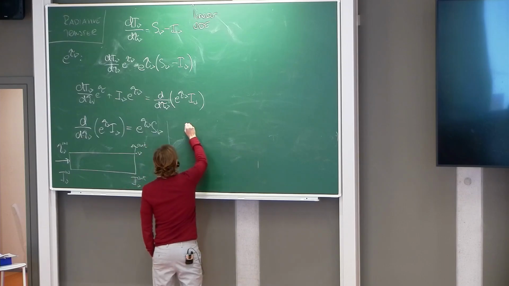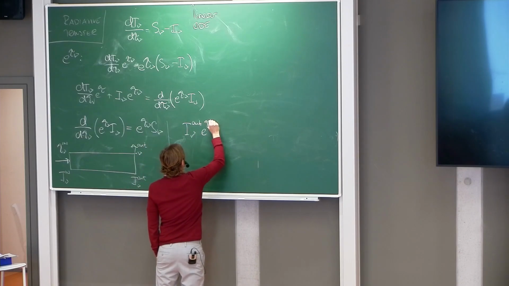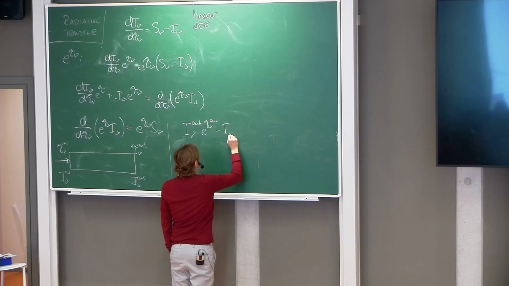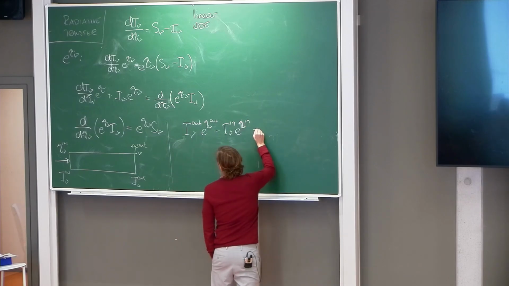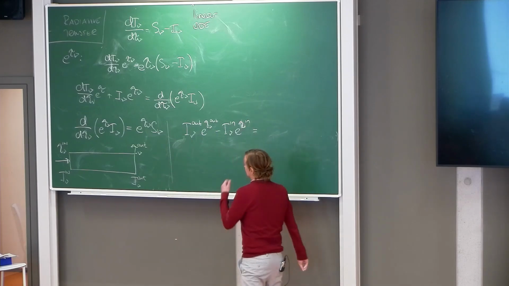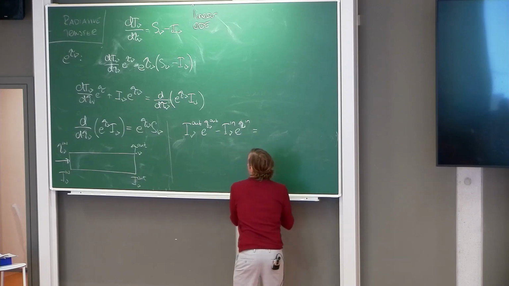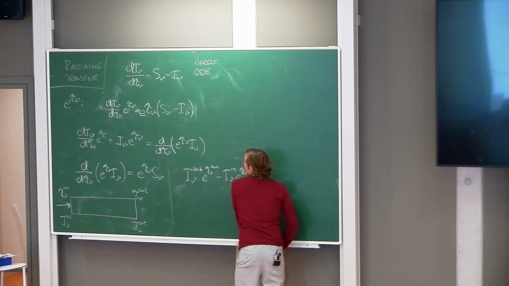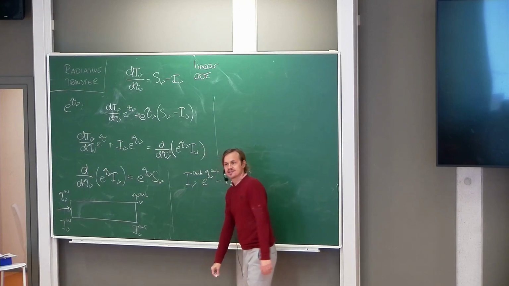And then we will have I nu out, e to the tau nu out minus I nu in, e to the tau nu in equals, well, we're going to go directly to what we call a homogeneous slab solution.